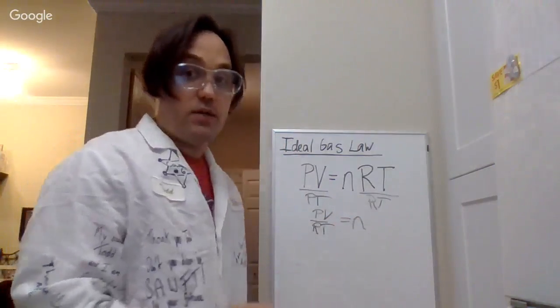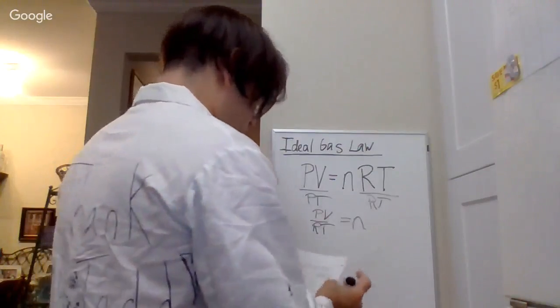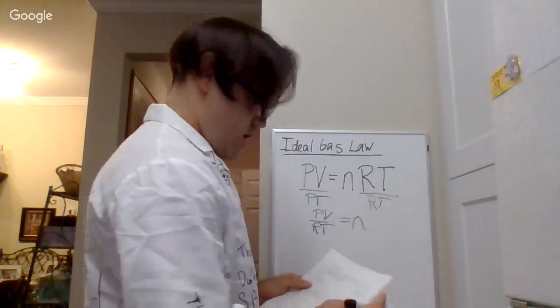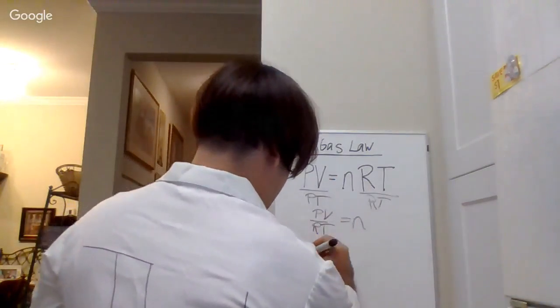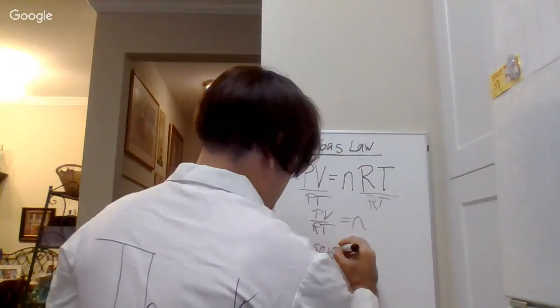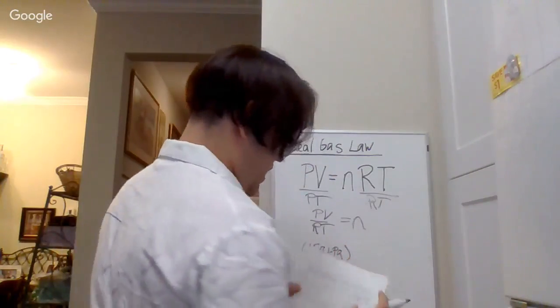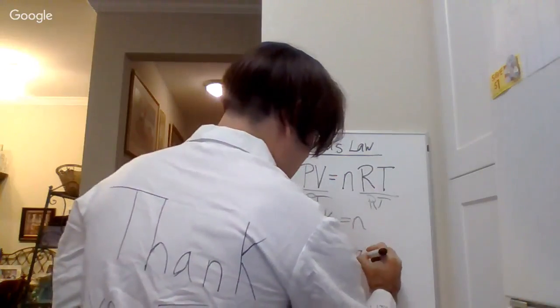So now what we can do is what I like to call plug and chug. We said that our pressure is 150 kilopascals, so we'll put that in for P. Our volume, we said, was 0.25 liters. Put that in.